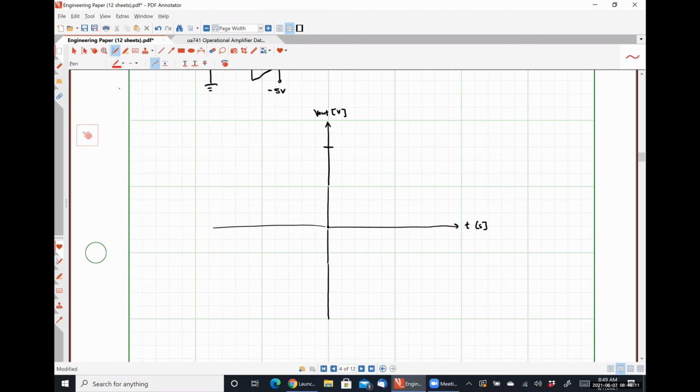If we were to ignore saturation distortion, in this case, our output signal would look something like this, where I'm trying to draw a sinusoid as not crappily as possible.